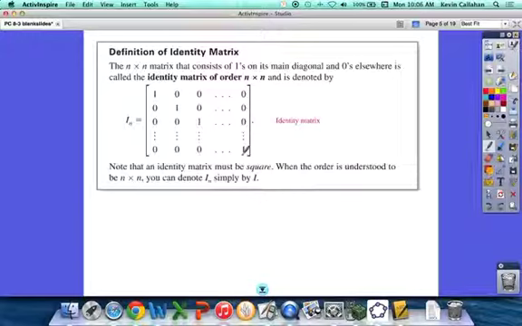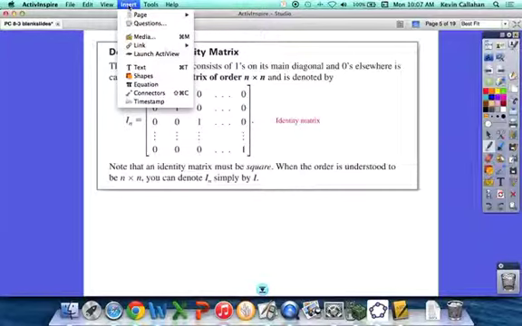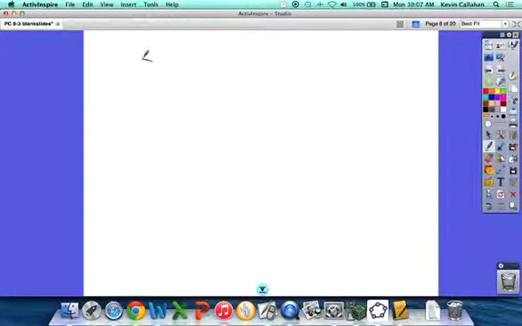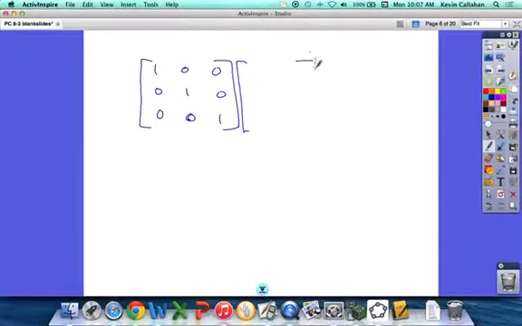That's what an identity matrix is. So for example, let me do this because I don't think I left enough space. If I multiply a 3 by 3 identity matrix times, it doesn't matter what the matrix is, just to make the point, I'm going to make it 1, 2, 3, 4, 5, 6, 7, 8, 9.